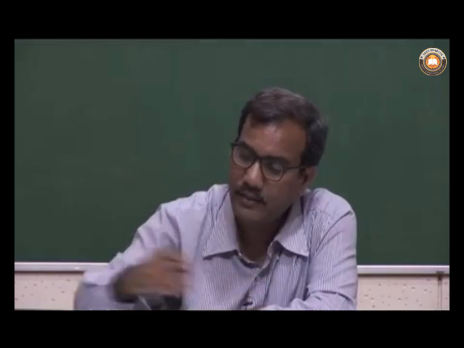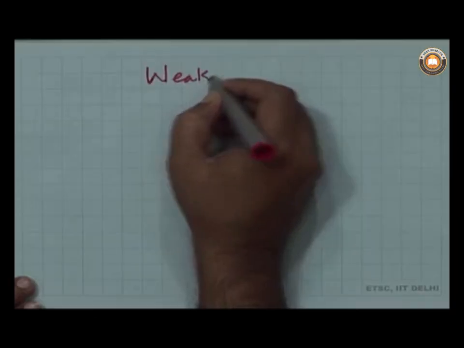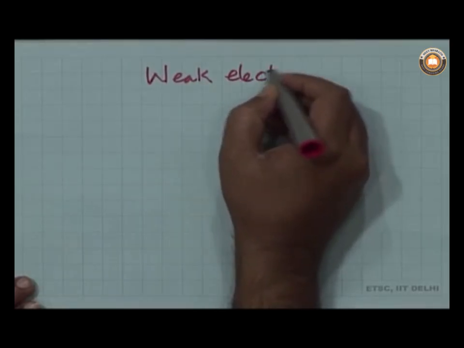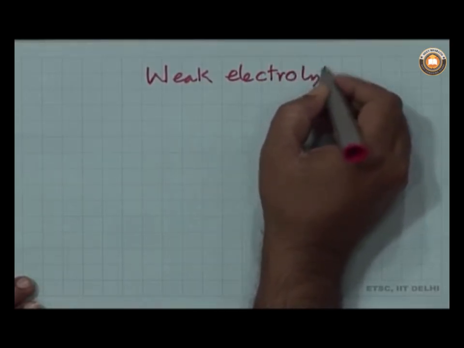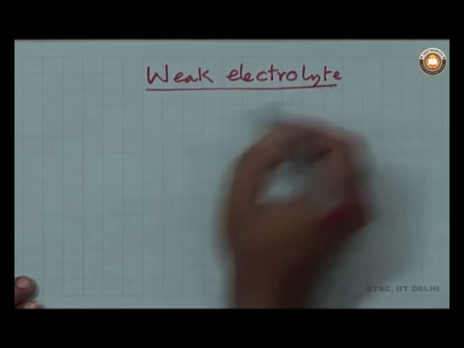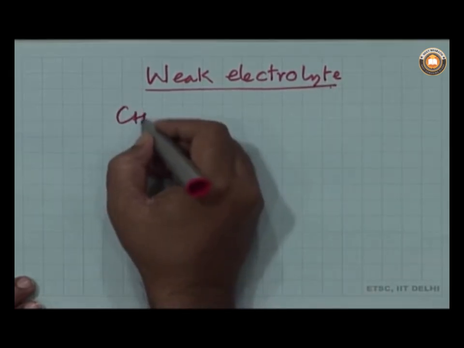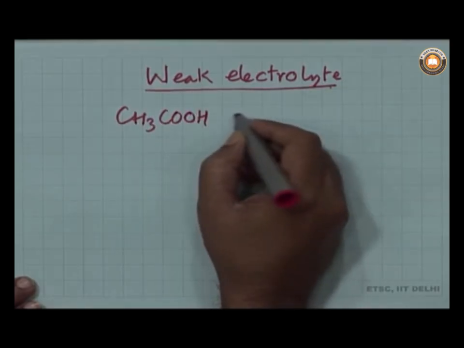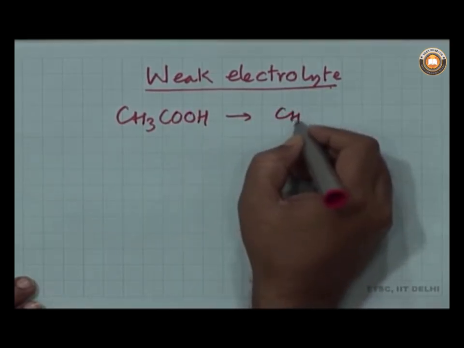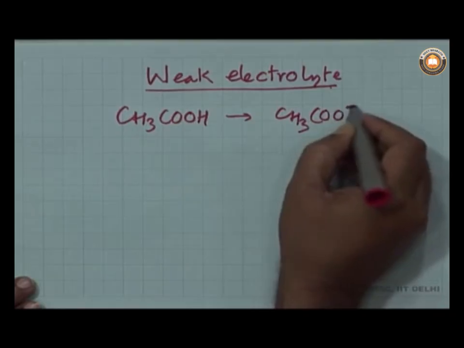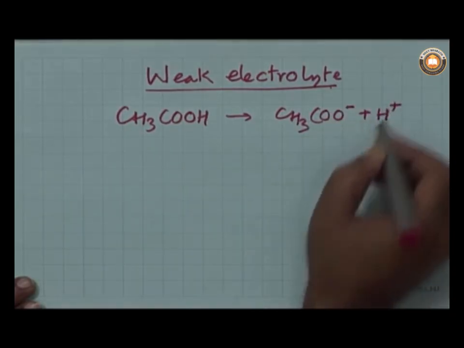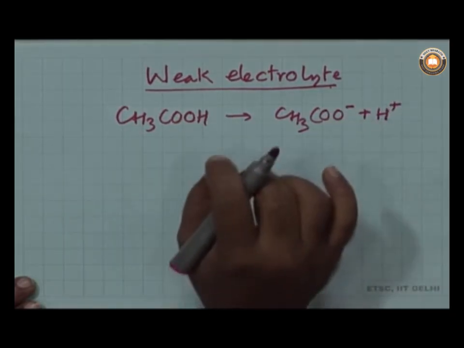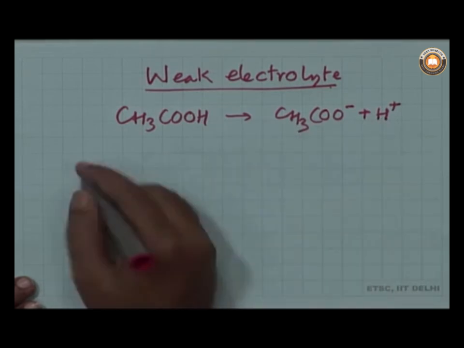On the other hand, in the case of a weak electrolyte, for example acetic acid, the behavior of one of the ions will be different.